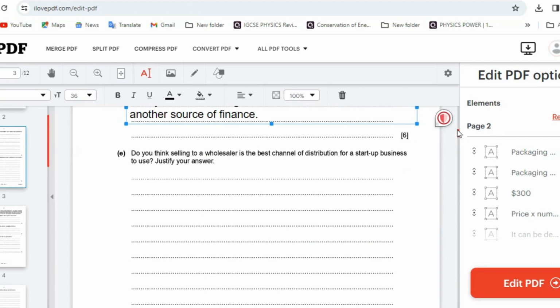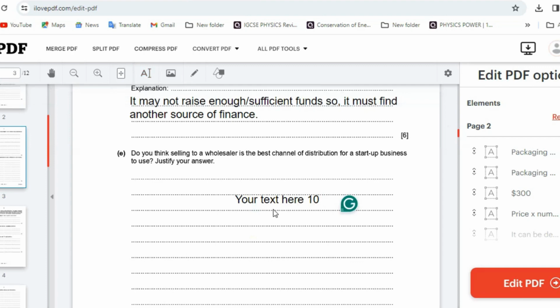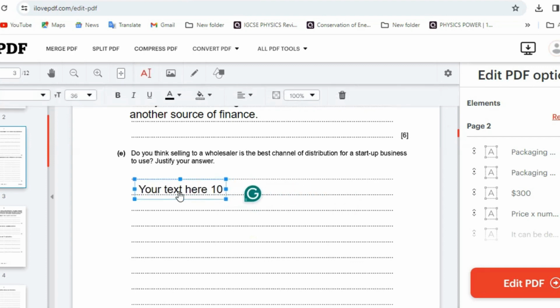Of course, we have retailer, we have direct selling also. Now let's try and put some points related to wholesalers and see whether it is the best to use for the startup business. Okay, let's try and bring it out. We have wholesalers.